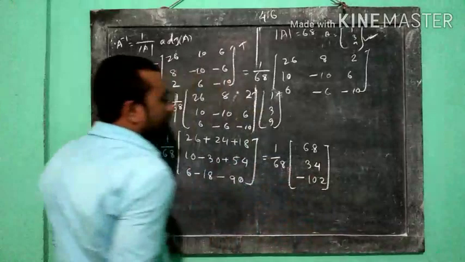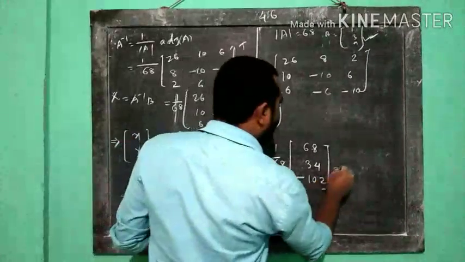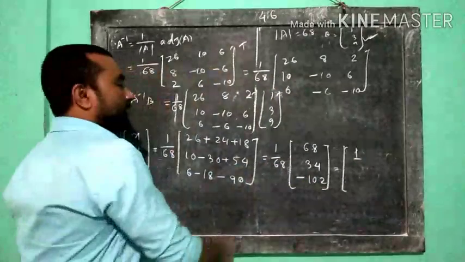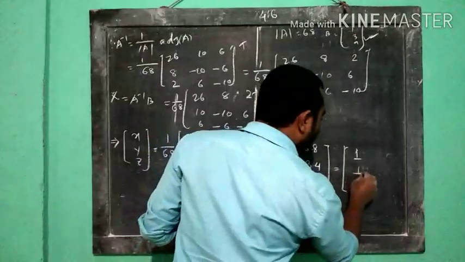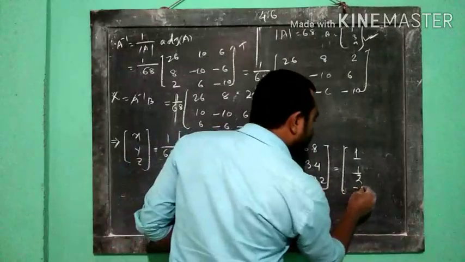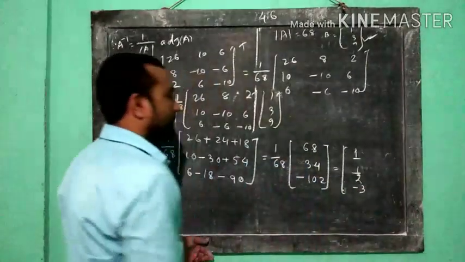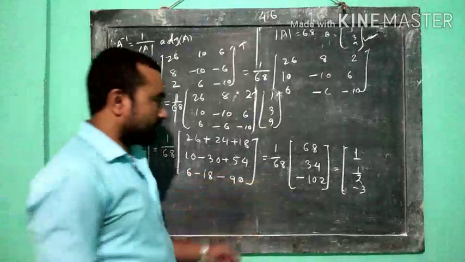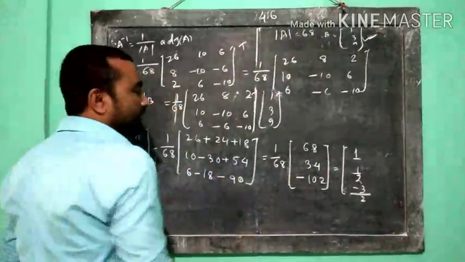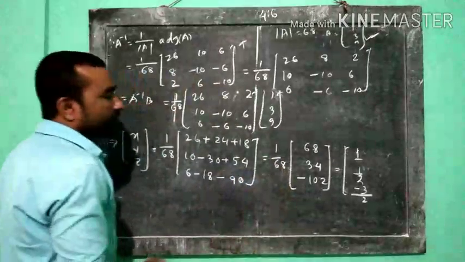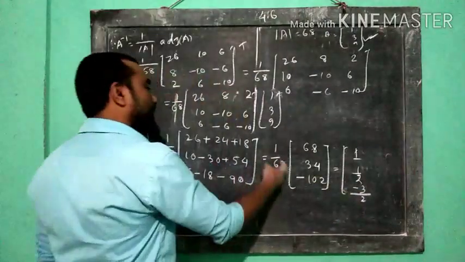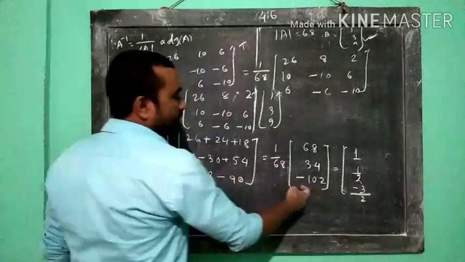Now dividing each term by 68, then what we get? We get here this is 1, okay, then 34 by 68 is 1 by 2, and this one is minus 3 by 2, because if we cancel by 34, then 34 times 3 is 102 and 34 times 2 is 68.